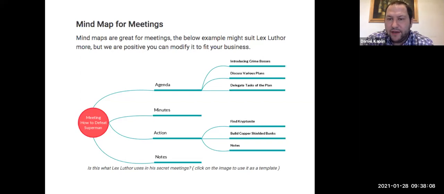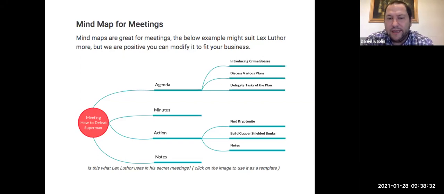So the agenda, so let's say Lex Luthor wanted to strategize. So first we need to introduce crime bosses, right? So that'll keep Superman busy. The crime bosses would be introduced in the meeting, and then you would strategize the various plans.